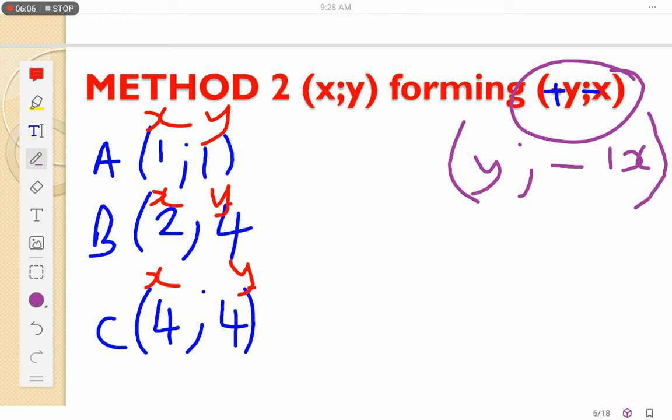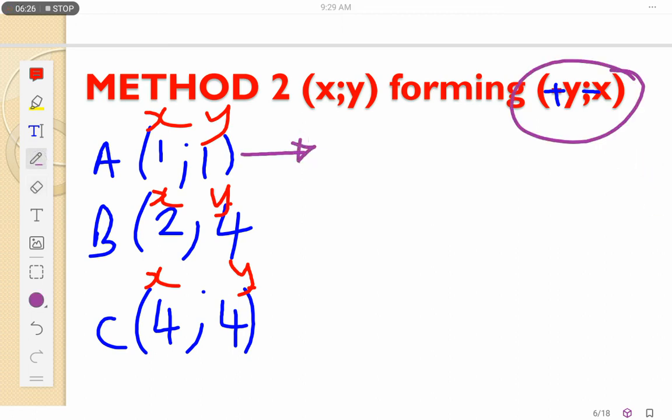So let me write now. If I do the interchanging for A and B, let's do that. I want to rub off this one. Okay, now I'm done.